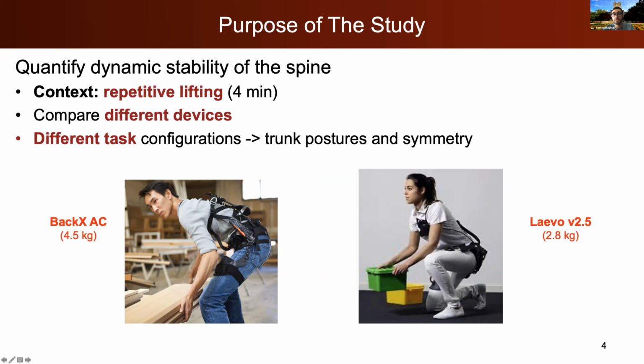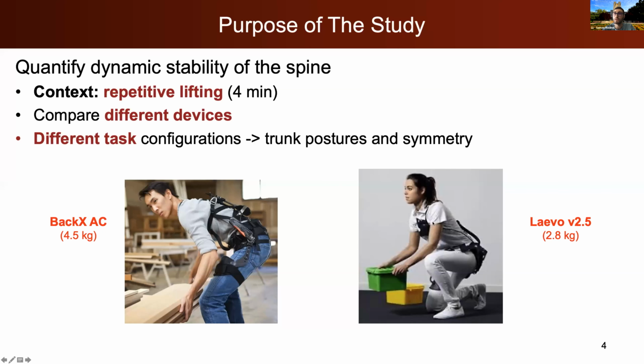You can see there is a spinal structure here on the back, and it is basically pulling the shoulders backwards. But with Levo, all the torque and pressure is applied to the chest, and it is basically pushing against the chest to provide extra support.